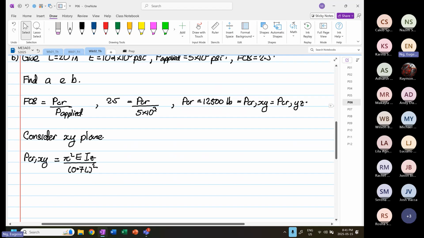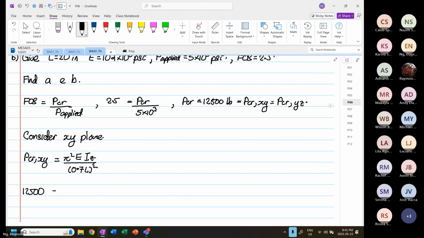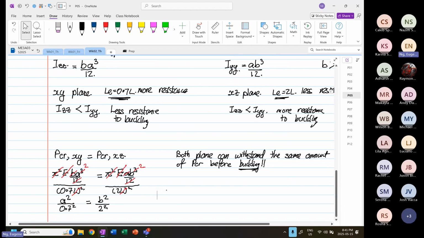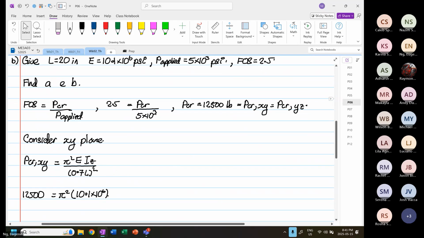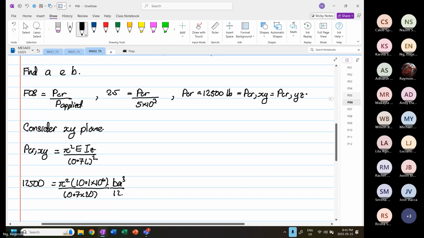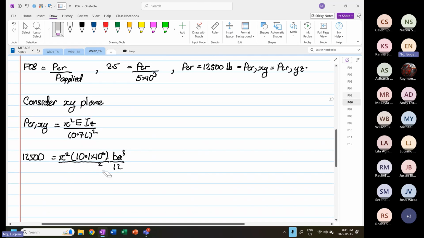So this will be equal to 12,500 equals pi squared, Young's modulus 10.1 times 10 to the power 6, IZZ, which is BA cubed over 12, divided by the whole thing of 0.7 times the given length of 20, squared.